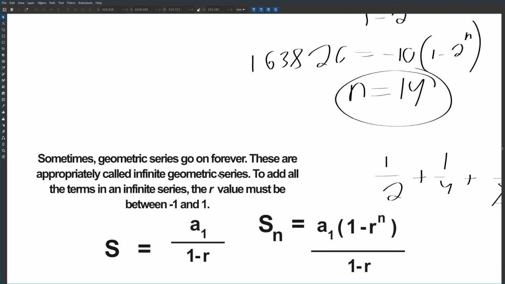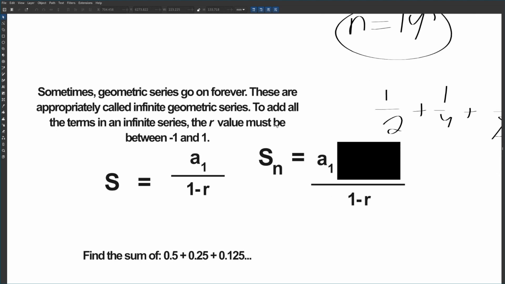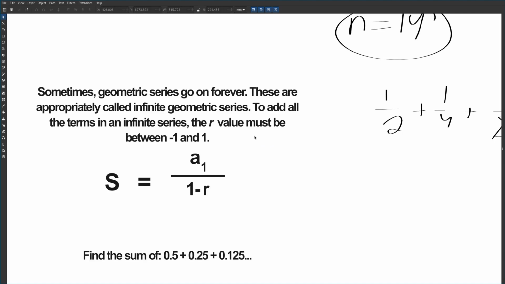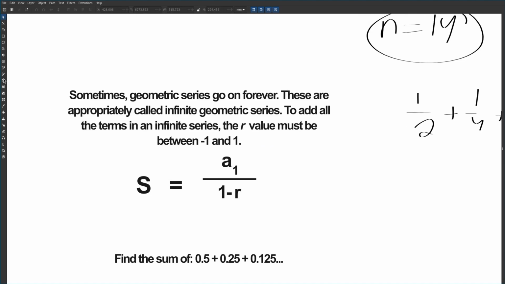What we're going to do is just make this term vanish for infinite series. So now we're just going to have a sub 1 divided by 1 minus r. One thing to note: the r value must be between negative 1 and 1, and we'll see why soon.